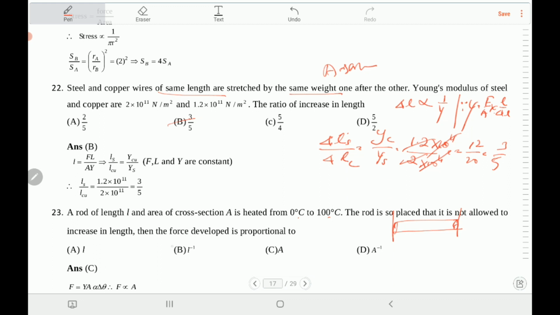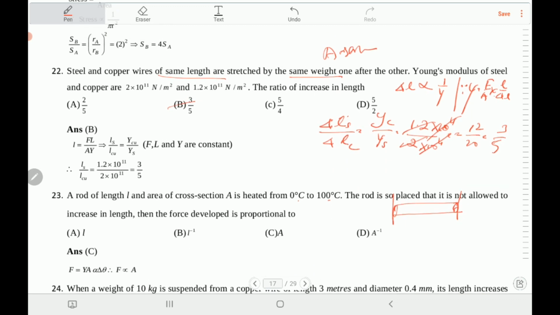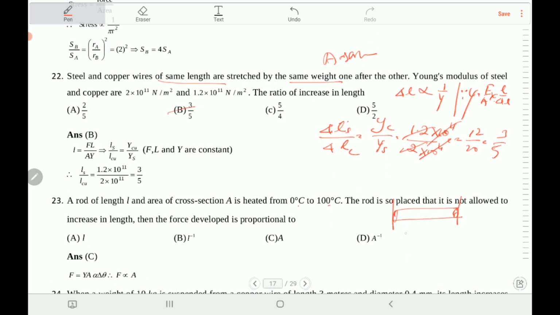Allowed to increase, then force developed is proportional to what? What do you think about force here? Force developed due to temperature, thermal force. We all know the formula. We have been solving this in some 4-5 cases, right? F is equal to Y alpha delta theta into area. Just get it by heart.